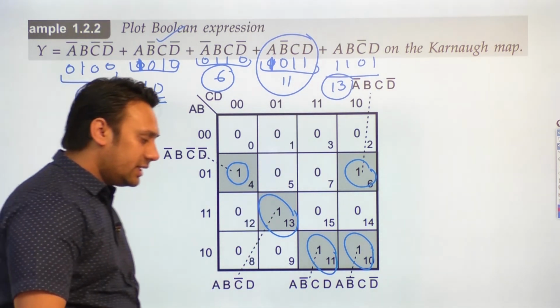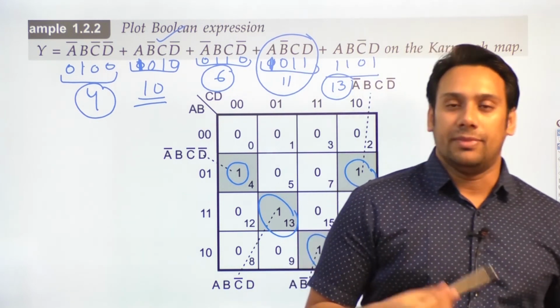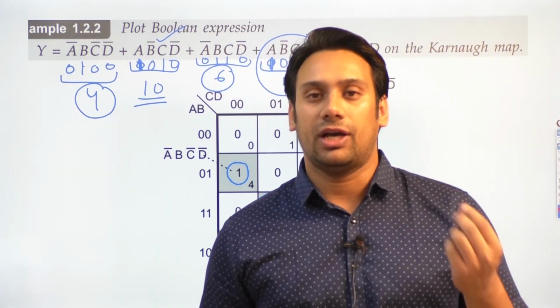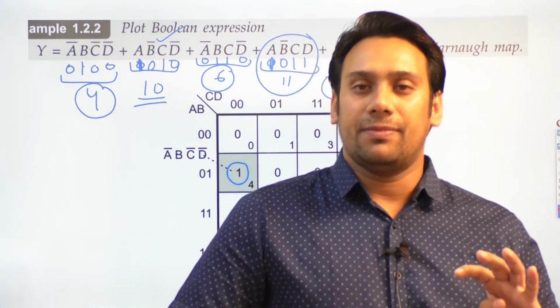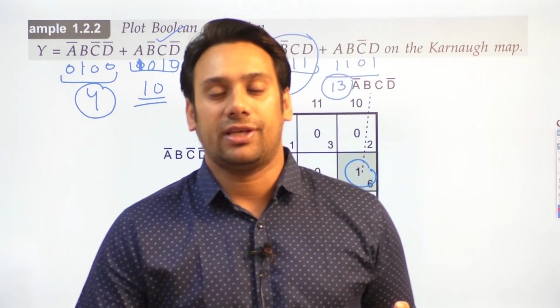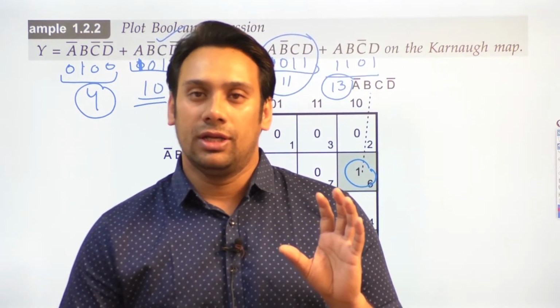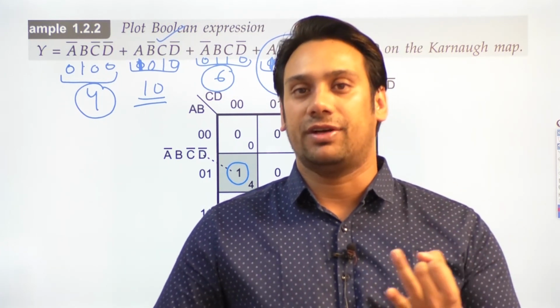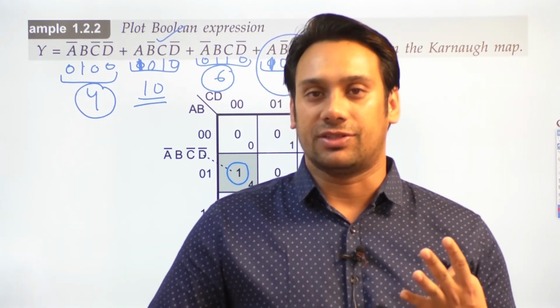So in this way it is very easy to fill the K-map. Making and filling the K-map is very easy. K-maps are particularly used up to 4 variables. अगर आपके पास 4 variables के function हैं, तो हम maximum K-map for 2 variable function, K-map for 3 variable function, K-map for 4 variable functions use करते हैं.